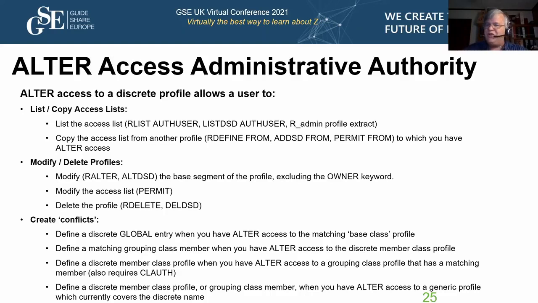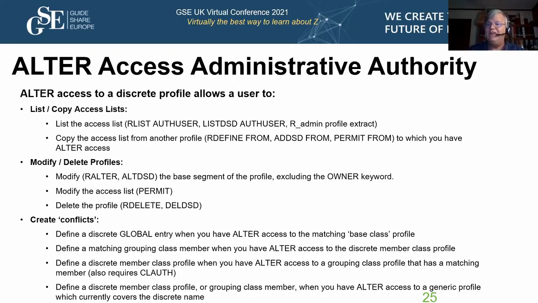That's one set of issues, but you can also create conflicts. If you have alter authority to a profile, you can create a discrete global profile that allows a whole different group of folks to have access to something. If you're using member grouping profiles, I'm going to just summarize these last 3 points to say you can create conflicts.